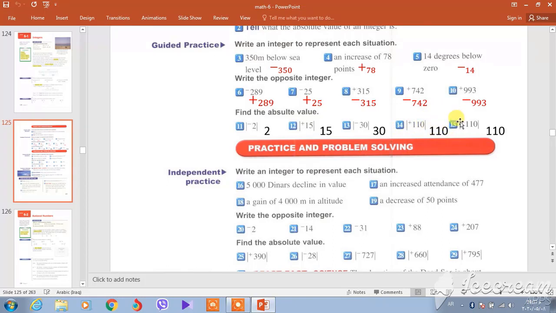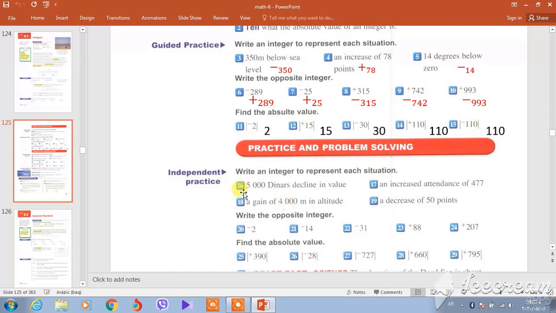And the absolute value of negative 110, look students, we have negative and positive, but both have the same distance from zero because we have 110 units. So the absolute value of negative 110 also equals 110.